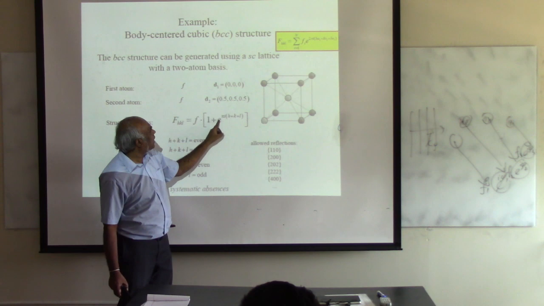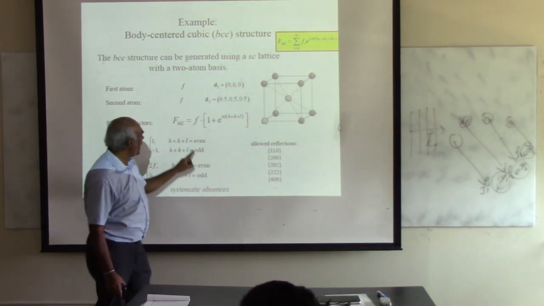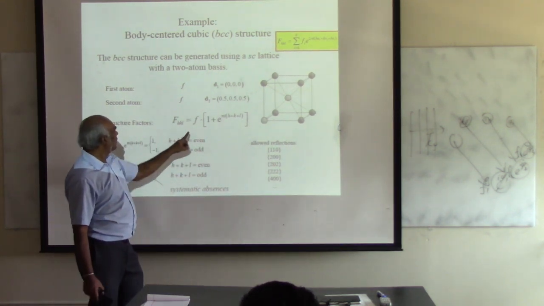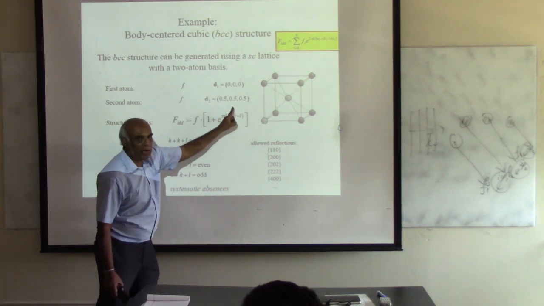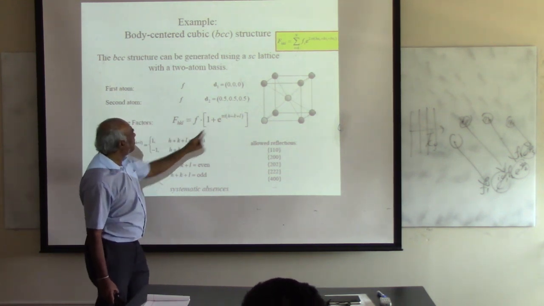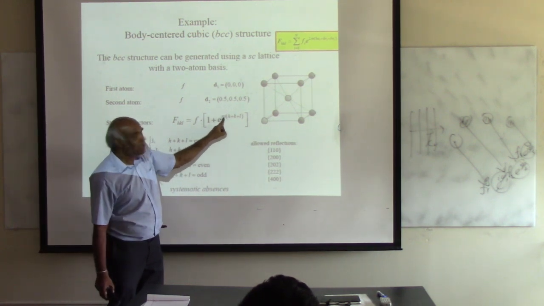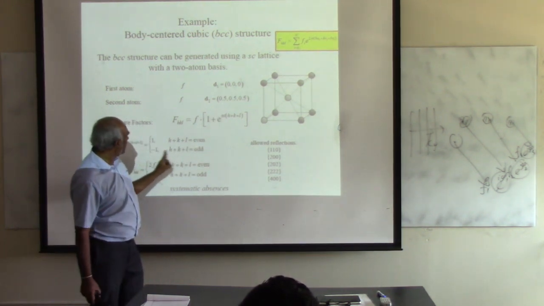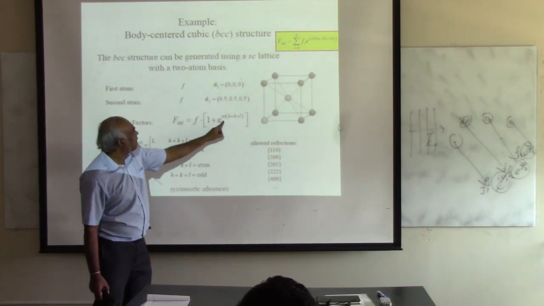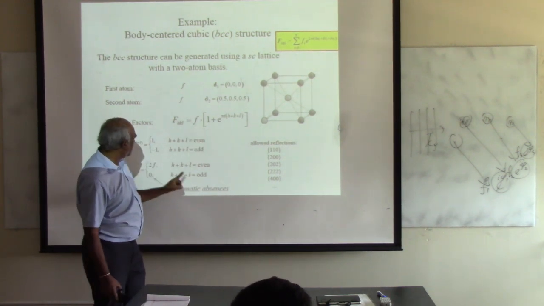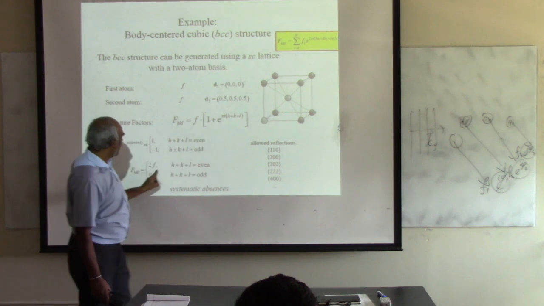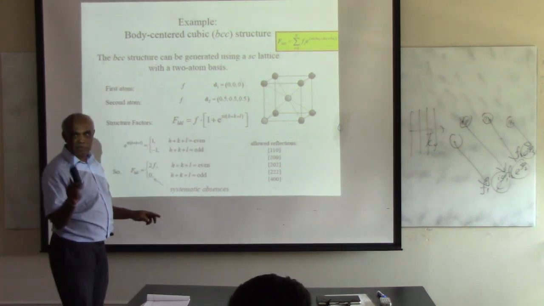Then this becomes plus. That means this part becomes 1, right? But if the sum is odd, what happens? Then this becomes negative 1. So here 1 plus 1 becomes 2, and here 1 minus 1 becomes 0. That's very important.